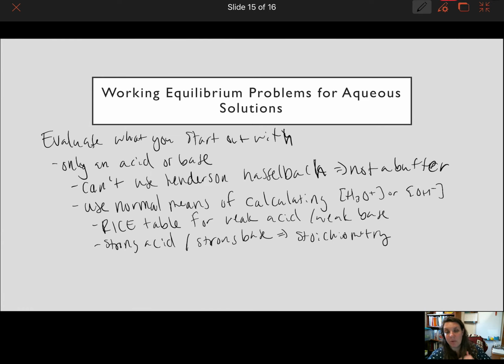So it will completely dissociate to produce hydronium or hydroxide. And if we do not have a conjugate acid-base pair, then we need to use a BCA table first, and then a Rice table or Henderson-Hasselbalch.